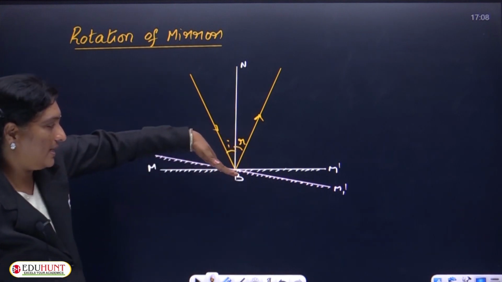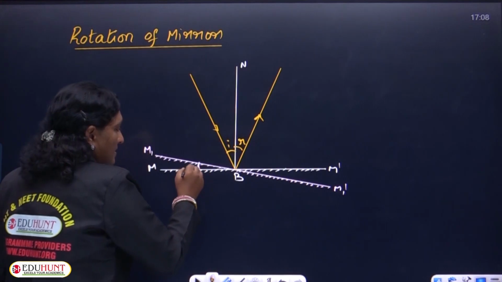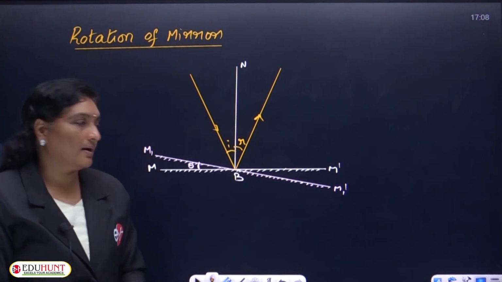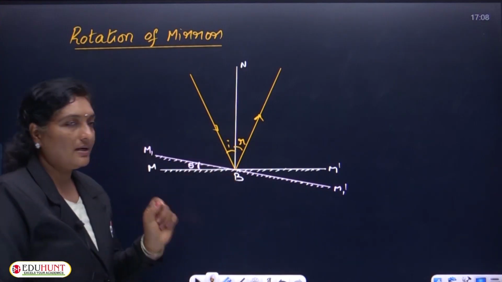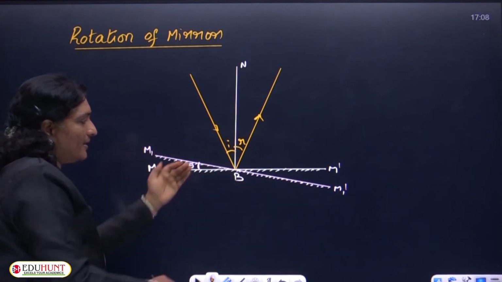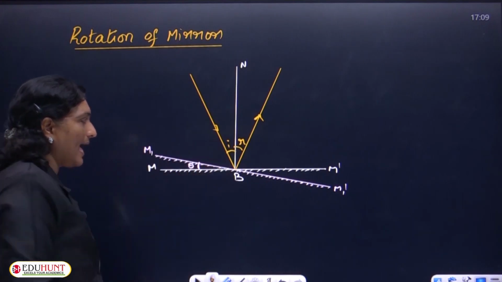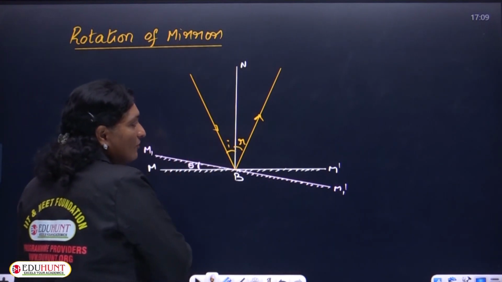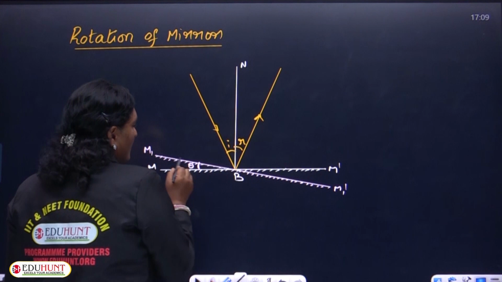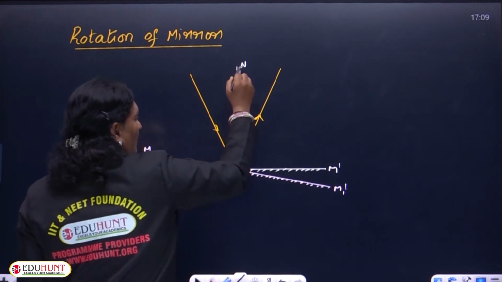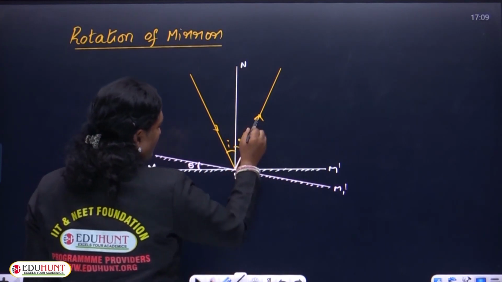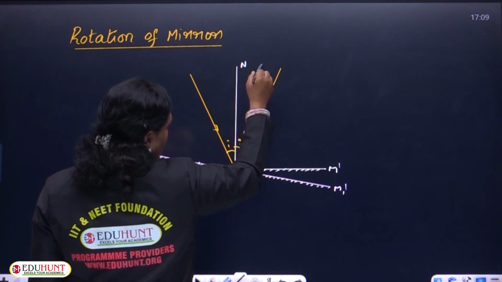Now, the mirror is rotated by an angle theta, and M1 dash indicates the new position of the mirror, rotated through a fixed point B. When the mirror is rotated through this point B by an angle theta, we know that the normal also shifts by the same angle. That is, if this indicates the previous normal, perpendicular to the original position, then the new normal will be perpendicular to the new position of the mirror, something like this.